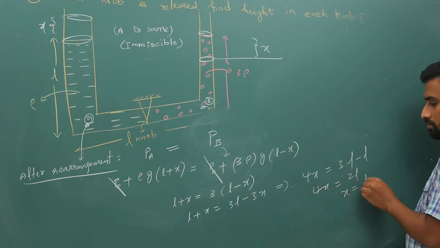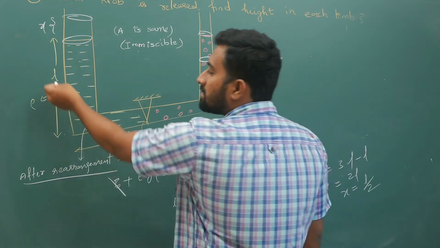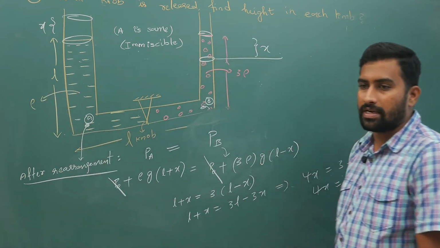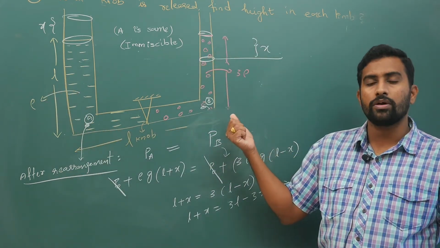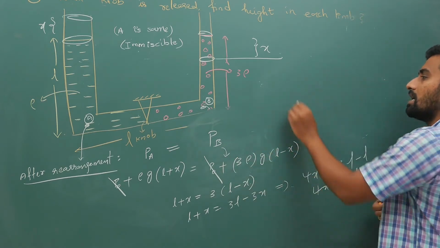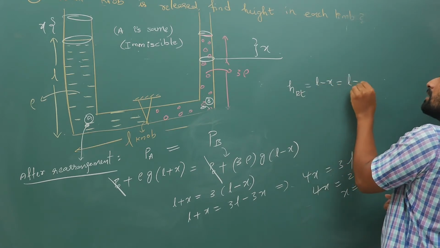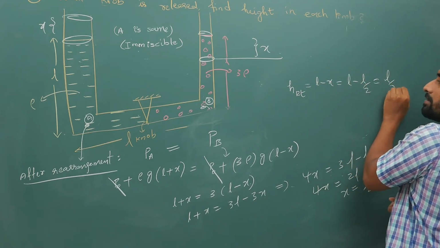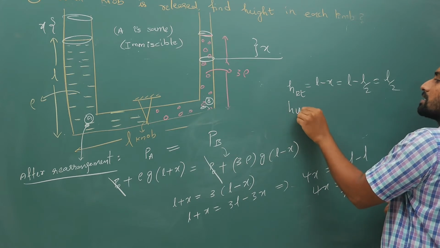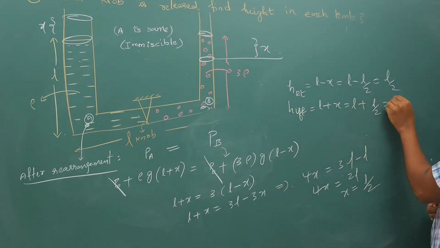X is equal to L by 2. So your final height on the right is L minus x, that is L minus L by 2, which is L by 2. Height in the left limb is L plus x, that is L plus L by 2, which is 3L by 2.